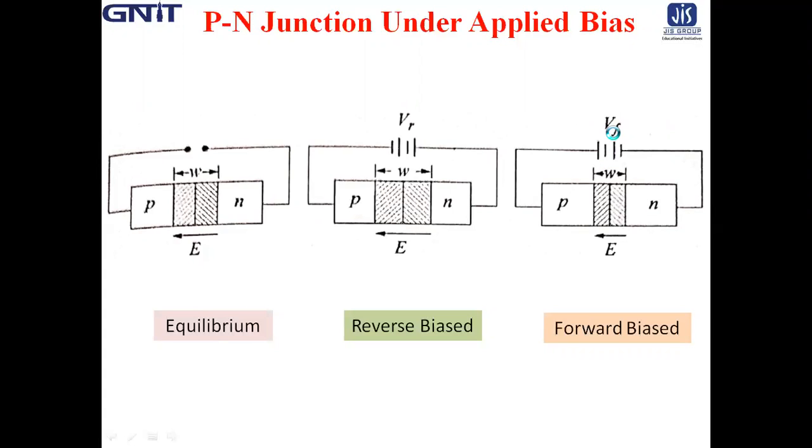On the other hand, the PN junction will be reverse biased when the P side is at a negative or lower potential with respect to N side. That means the positive terminal of the battery is connected to the N region and the negative terminal is connected to the P region.